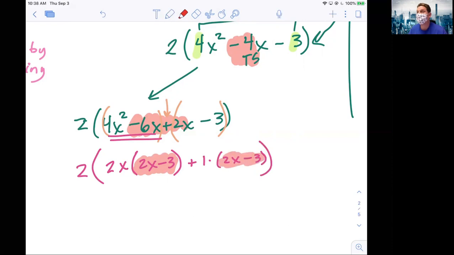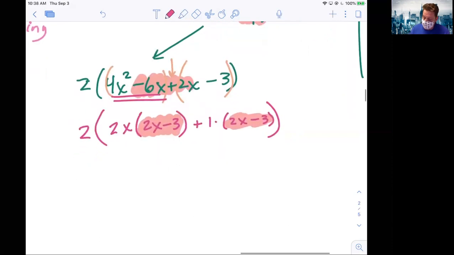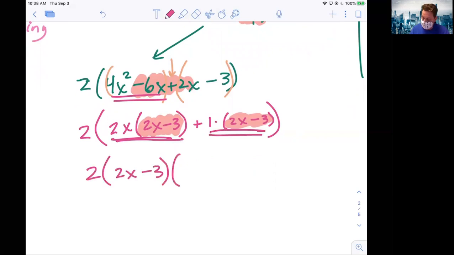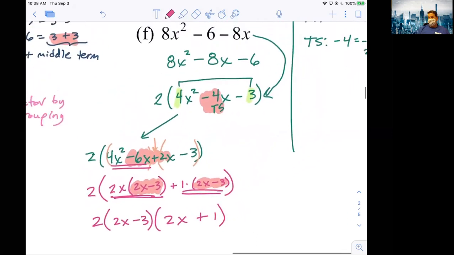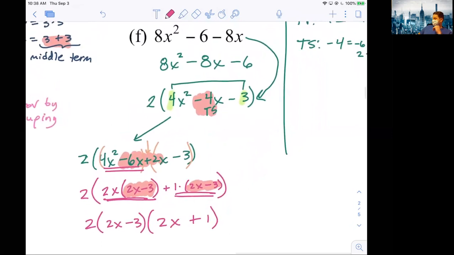So there it is. And now, on the inside, I have two terms, and they both have a common factor of 2x minus 3, so I'll factor it out, and that leaves me a 2x in the first term and a plus 1. And now we have linear factors. They're all x to the first, so we did it. It's a very systematic approach to factoring that way, okay? Very systematic.